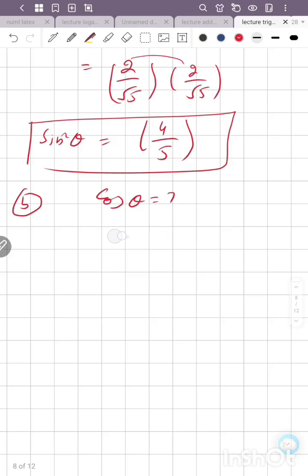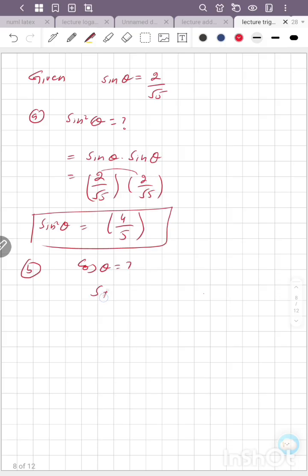We have to find cos theta. So sine is opposite over hypotenuse. Okay, we just draw the angle here.